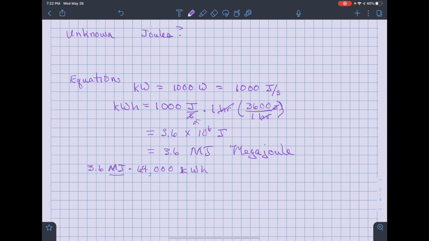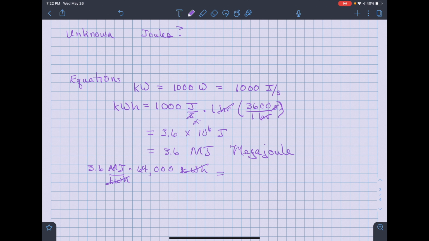And we'll just go ahead and do this dimensional analysis here, because 1 kilowatt hour is 3.6 megajoules, so we multiply it by 64,000 kilowatt hours, and again, they cancel out. So we're going to be left with an answer in megajoules. And of course, we can use our old friend Wolfram Alpha for this, or we could just break out a calculator. It's not a difficult calculation.